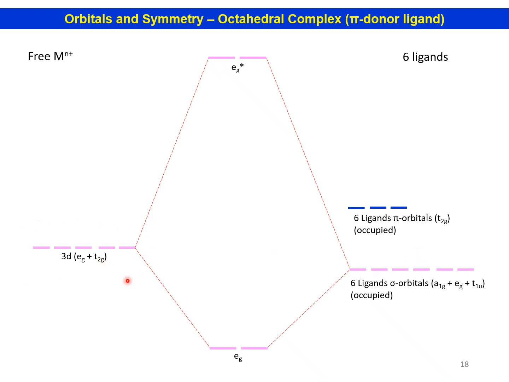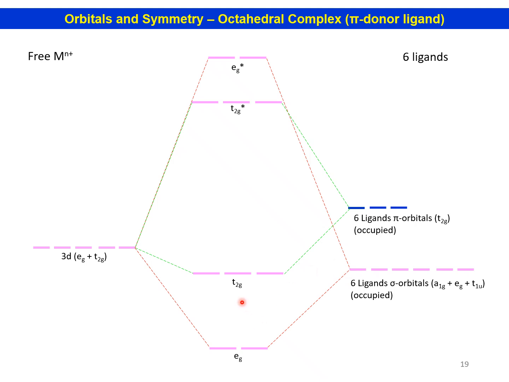And we also have the d orbitals of the free metal ion, the d symmetries, eg and t2g. Only that in the presence of a pi donor ligand, the splitting of eg and eg star is derived from both the free metal ion and the sigma orbitals from the ligands. And then there's the t2g splitting.